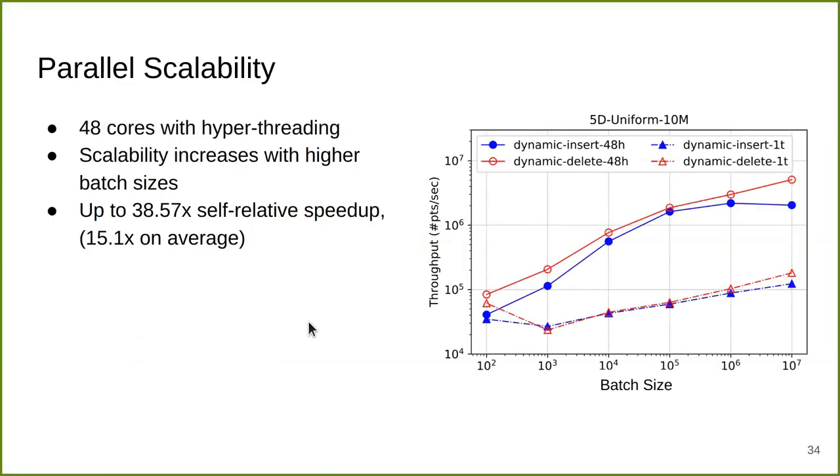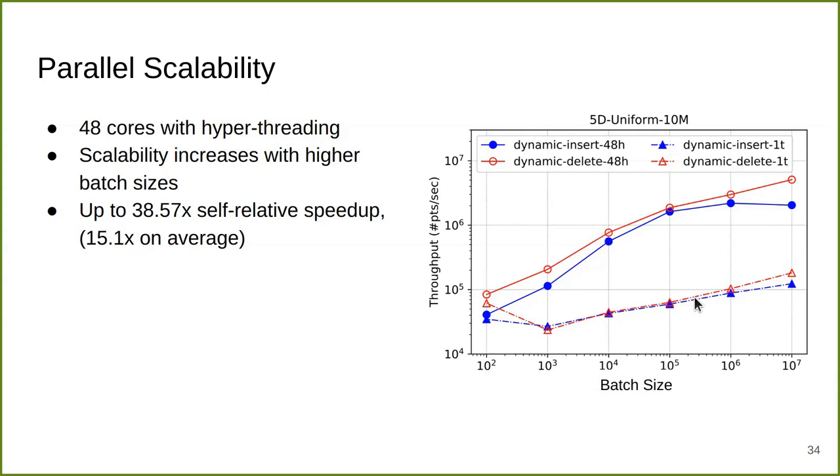So we test the parallel scalability of our implementation of the parallel batch dynamic data structure. In the plot, the y-axis shows throughput, meaning the points being processed per second, and the x-axis shows batch size. For the two blue and red solid lines, I show the parallel throughput for the dynamic insertion and deletion respectively.